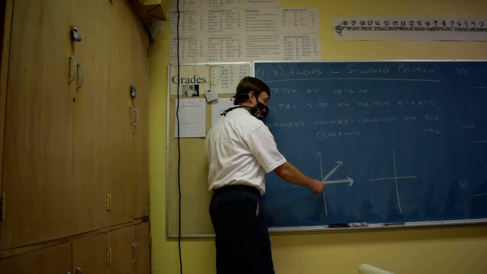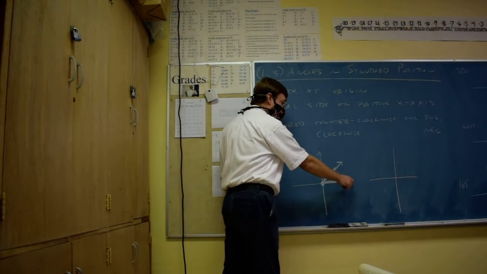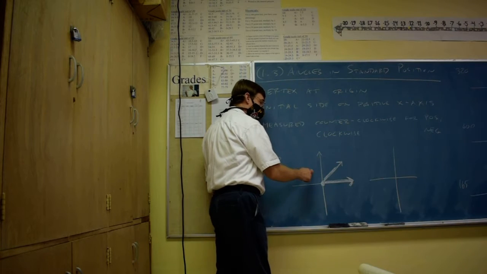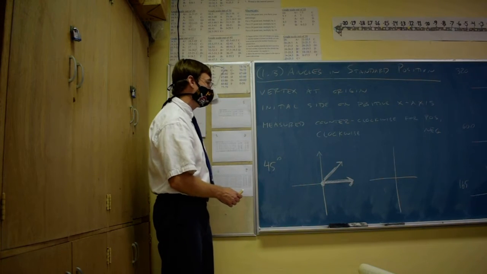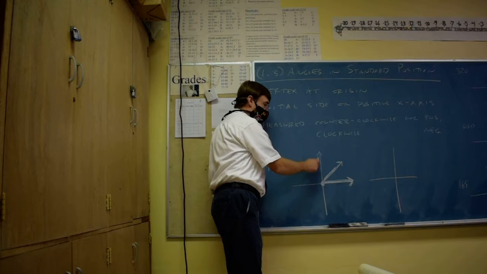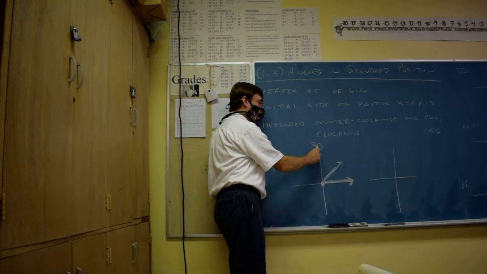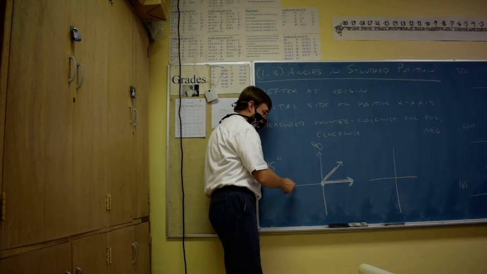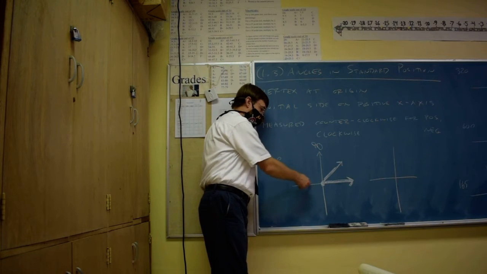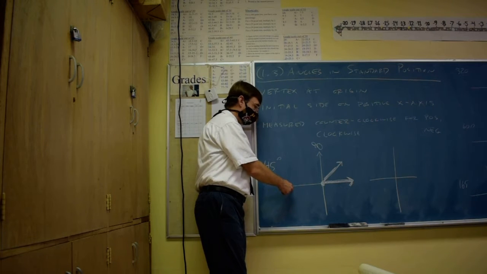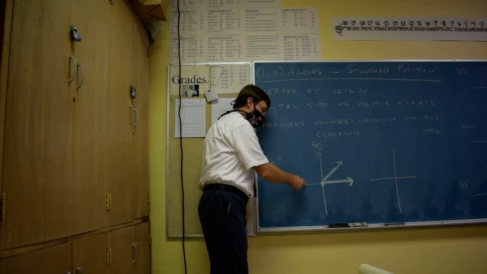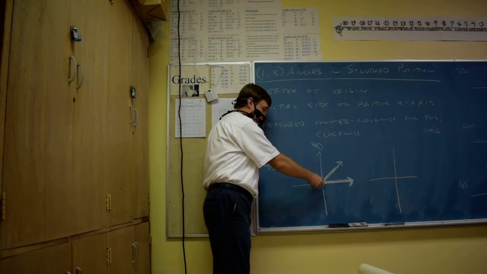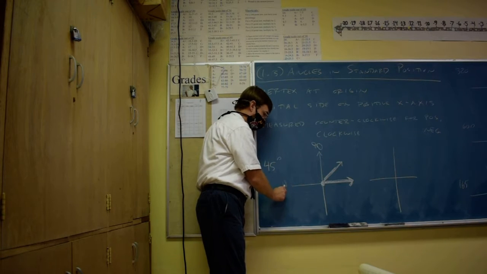Vertex was at the origin, positive x-axis is guaranteed, and then it's just a matter of figuring out where the other side should go. If I had gone right on top of this, we just decided that would be 90. If I went right on top of this, where would I be? How many degrees of rotation would it be if I got to there? 180.